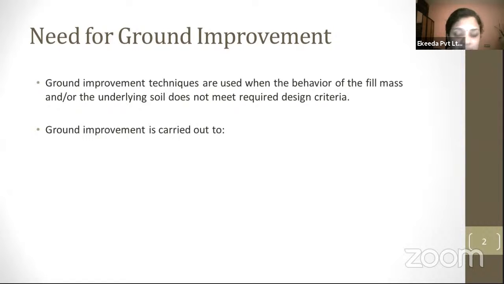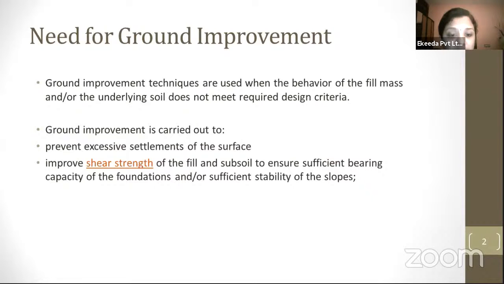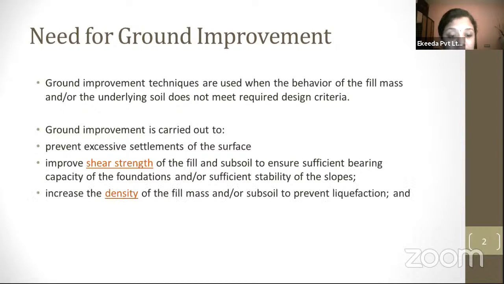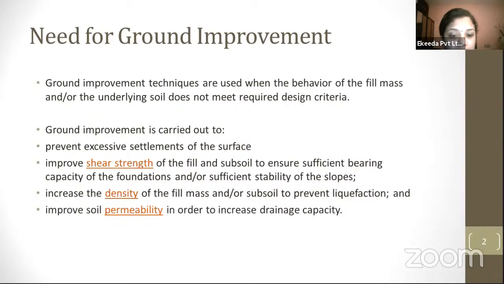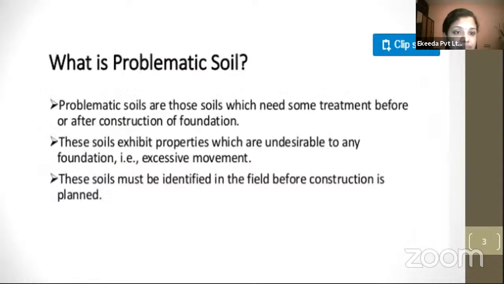Ground improvement is carried out for the following purposes: to prevent excessive settlement of the surface, to improve the shear strength of the fill and subsoil, to ensure sufficient bearing capacity of the foundation or sufficient stability of the slopes, and also to increase the density of the fill mass, to prevent liquefaction, and to improve soil permeability in order to increase drainage capacity. So these are the needs for ground improvement.